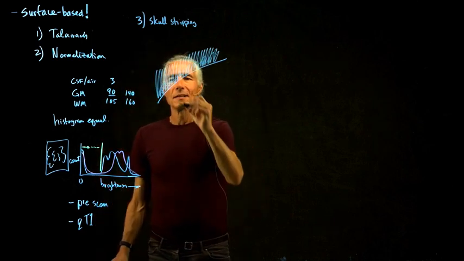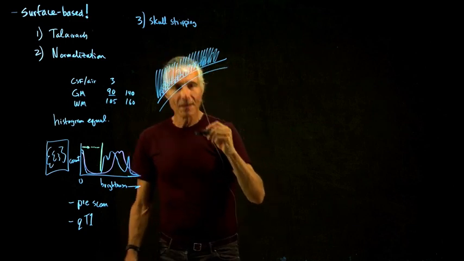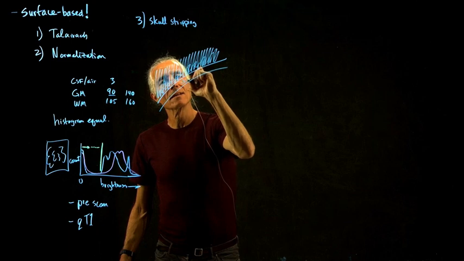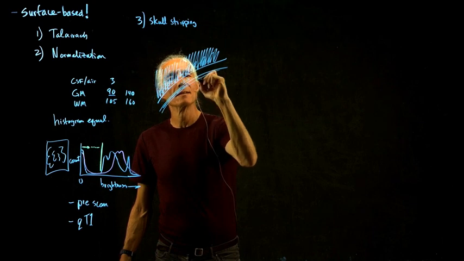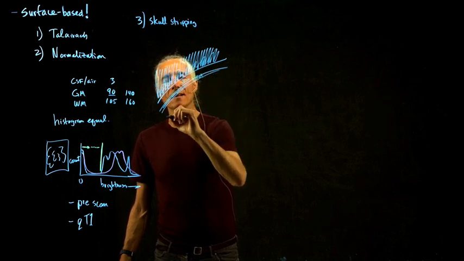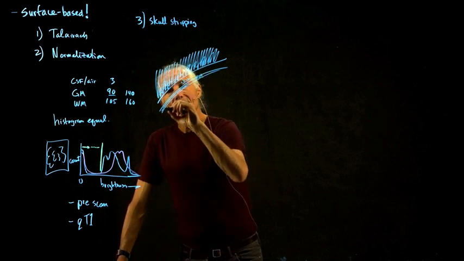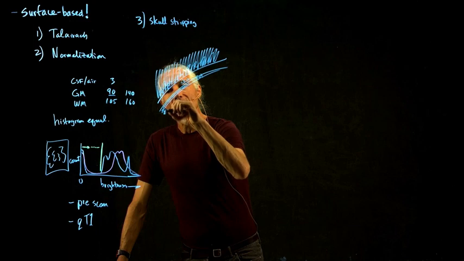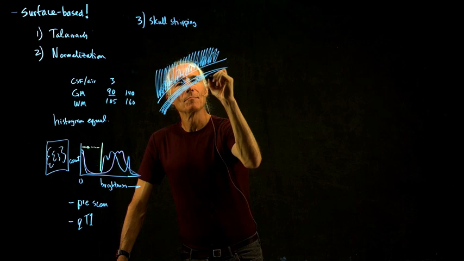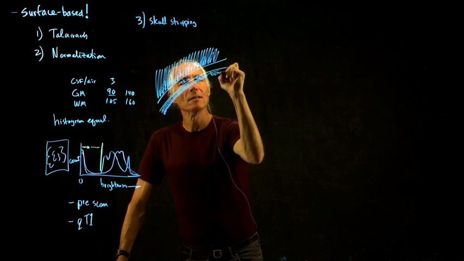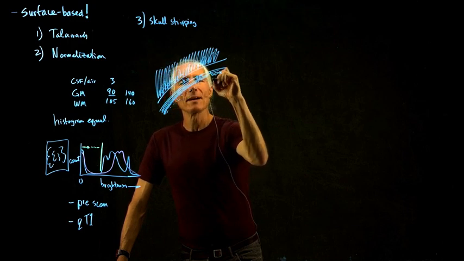Okay, then you have a layer of skin. So here's skin. Then there's a bright layer of fat. So that guy's bright. That's some fat. Then you've got a really dark layer that's bone. So this is bone here. And then there's a little bit of a lighter layer, which is the marrow of the skull.